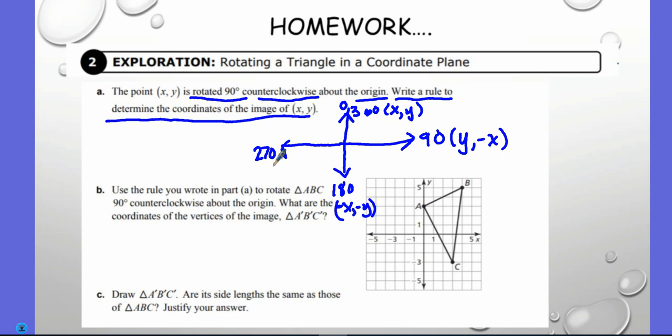And then here, you switch x and y again, where the y is negative. So that's the coordinates you can write for going clockwise.